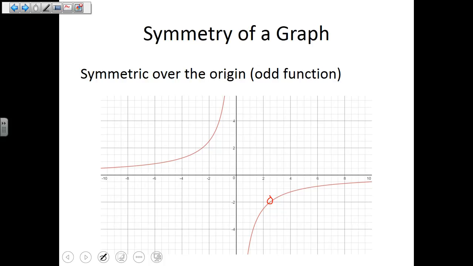If we go over to -2.5, we see its symmetric partner. However far right and down, we see the same thing left and up. So this is what we refer to as symmetry over the origin. We also call it an odd function.